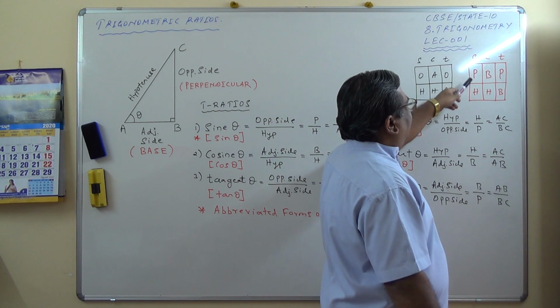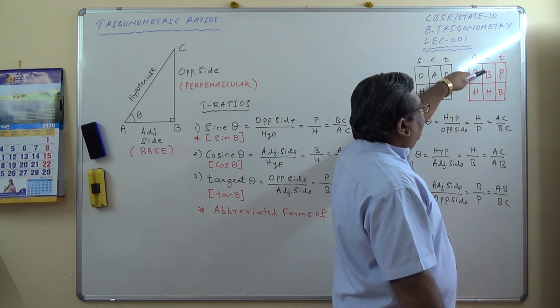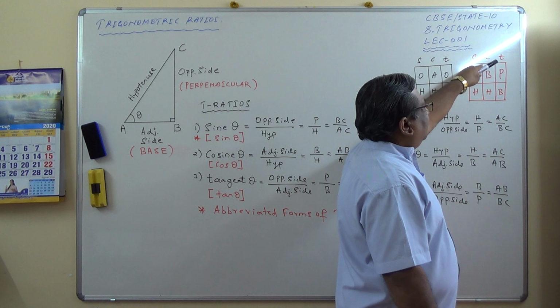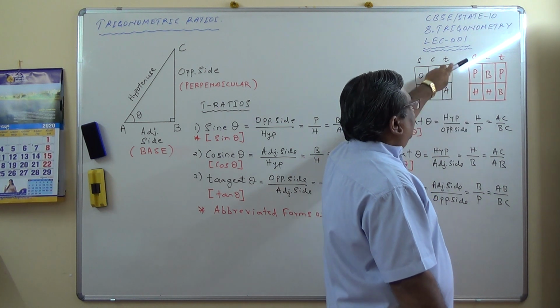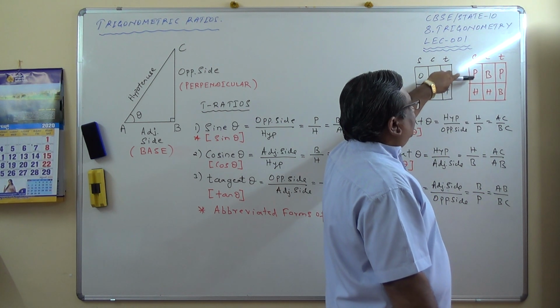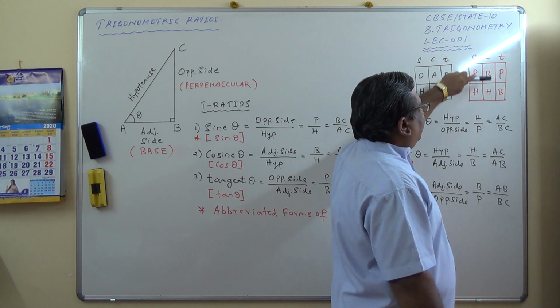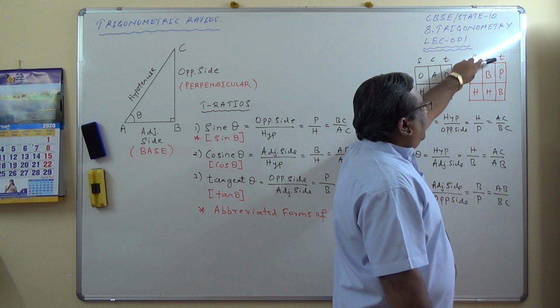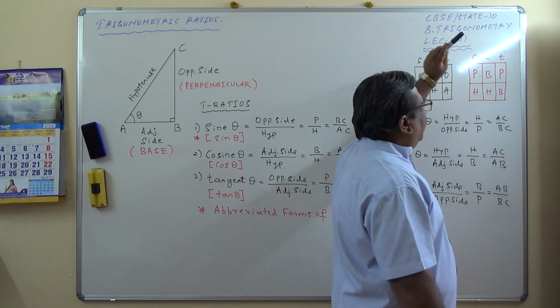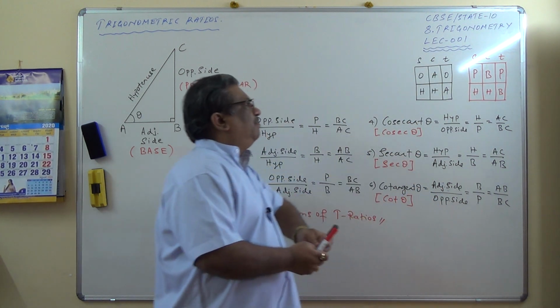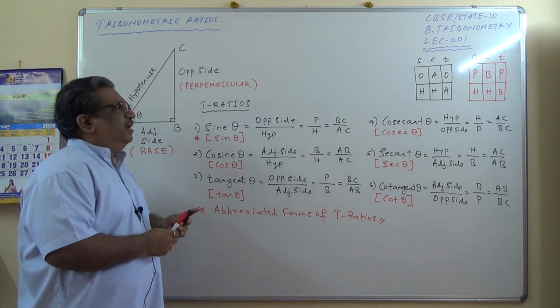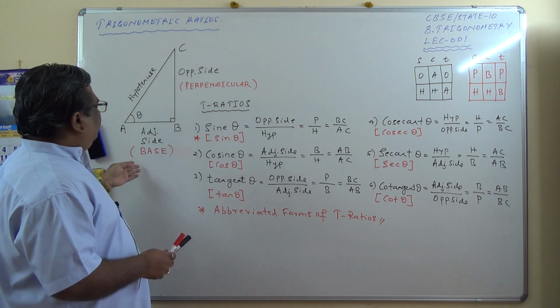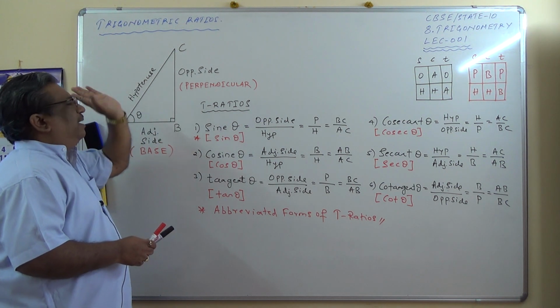Sine theta perpendicular by hypotenuse, cos theta base by hypotenuse, tan theta perpendicular by base, cosec theta hypotenuse by perpendicular, sec theta hypotenuse by base and cot theta base by perpendicular.